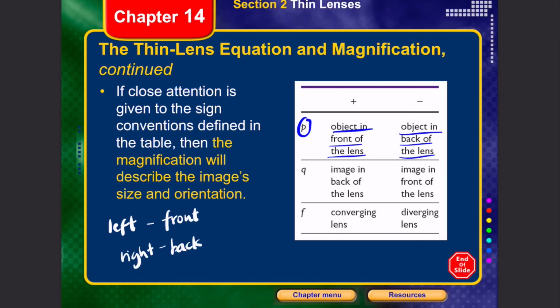And q is positive when the image is in the back of the lens. q is negative if the image is in the front of the lens, so if it is in the front or the left, it's a negative value. And f is positive for a converging lens and f is negative for a diverging lens. So these are the things to remember.